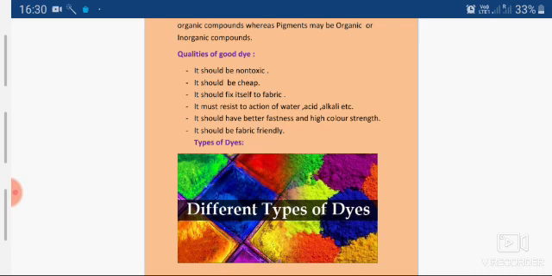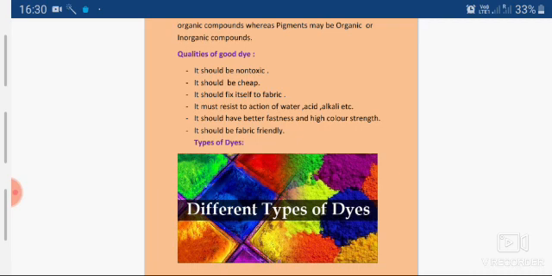The next is it must resist action of water, acid, alkali, etc. It should not happen that you applied a dye to the cloth and after washing the dye has been washed away.